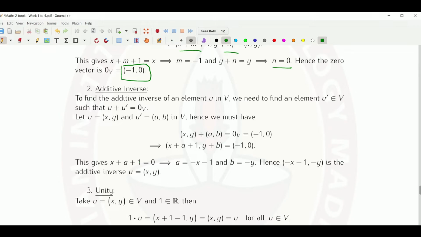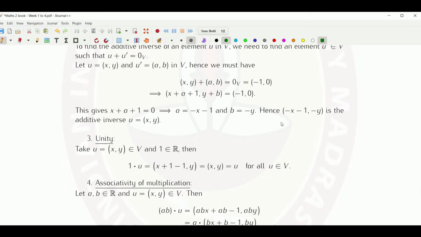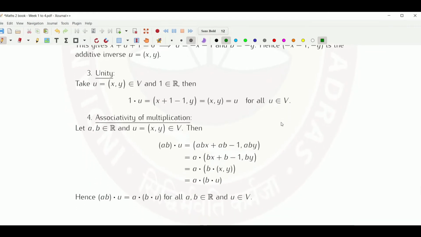This gives x plus a plus 1 is equal to 0, and hence a is equal to minus x minus 1 and b is equal to minus y. Hence (minus x minus 1, minus y) is the additive inverse of u. Now you can check for unity also and associativity of multiplication.